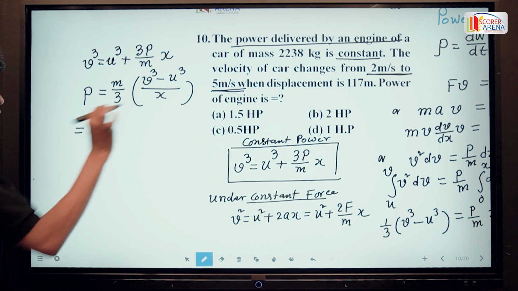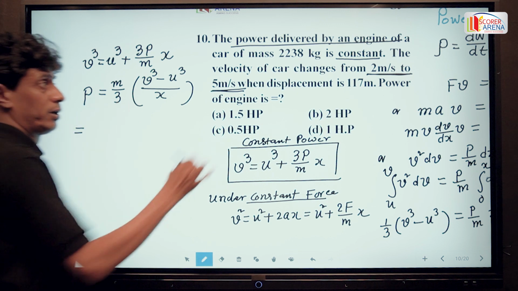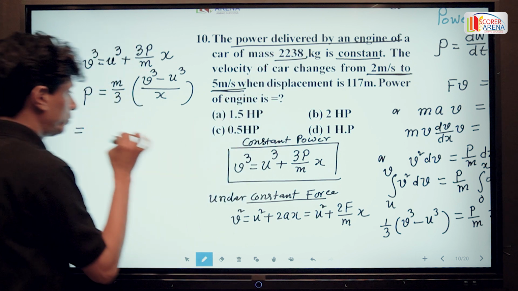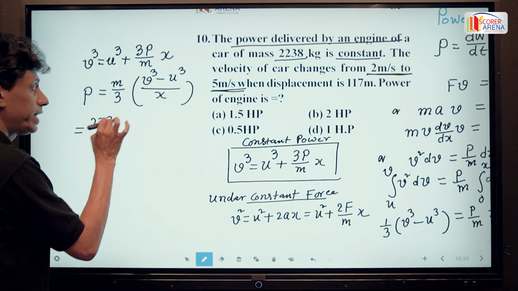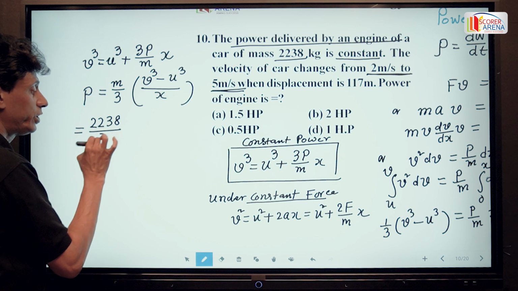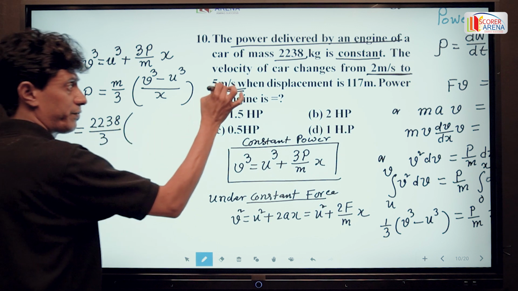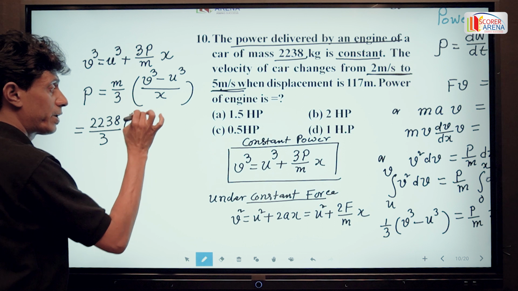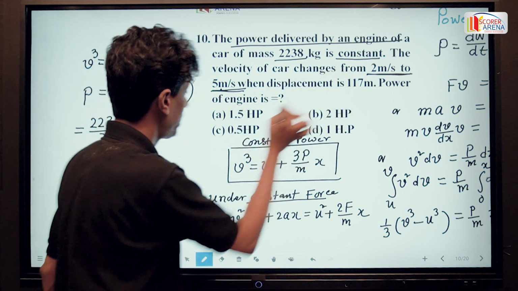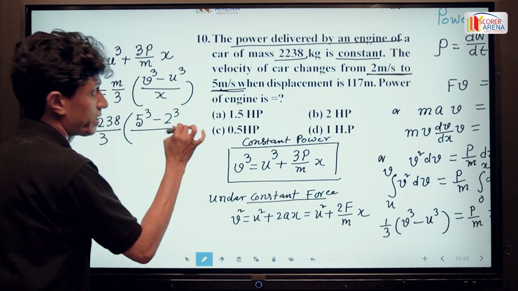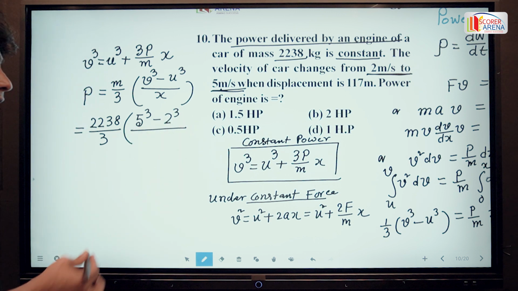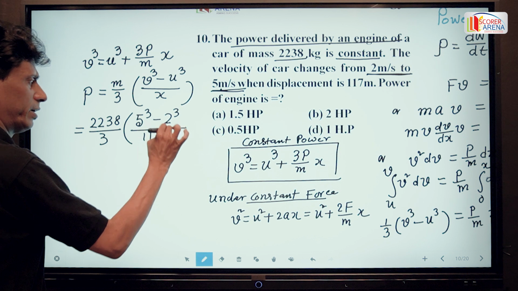Just putting in the values: the mass of the body is 2238 by 3, the final velocity is 5 cubed, the initial velocity is 2 cubed, and the displacement of the car is 117.